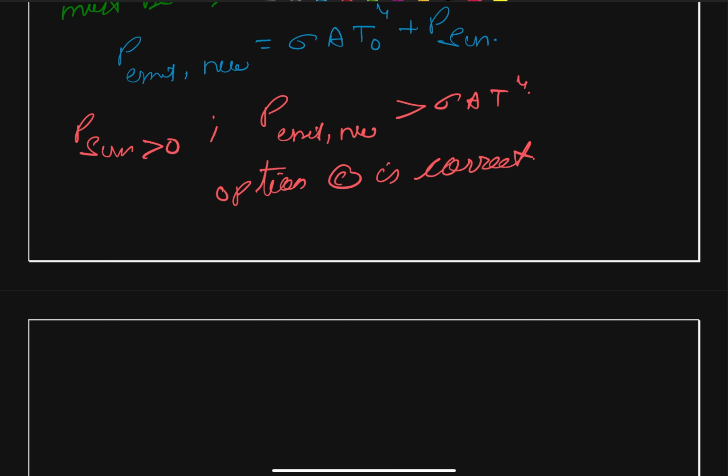Now we come to option D, which says that the black body emits energy equal to the energy absorbed by it.